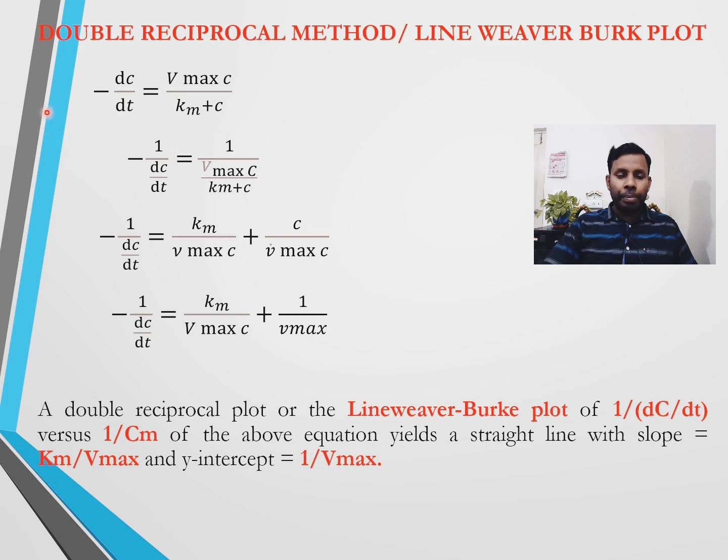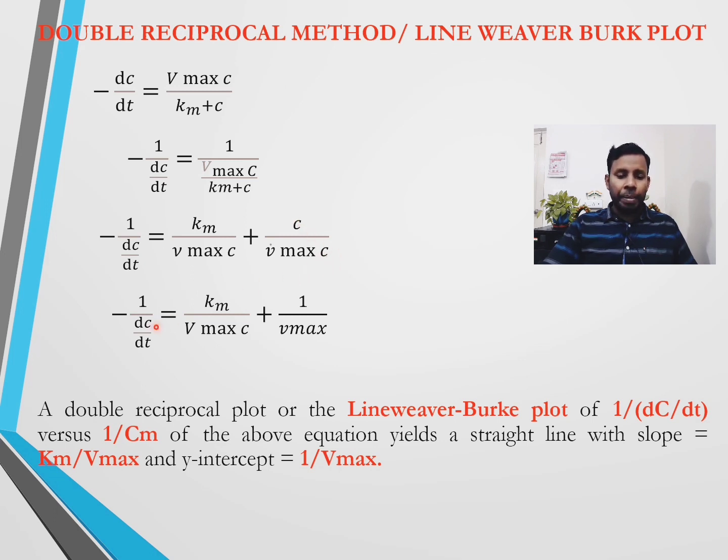We know our Michaelis-Menten equation is minus dC by dt is equal to Vmax C by Km plus C. If you take the double reciprocal, meaning we reverse this equation, it will become minus 1 by dC by dt is equal to Km plus C by Vmax C. So it becomes Km by Vmax C plus C by Vmax C. The C and C will be cancelled.